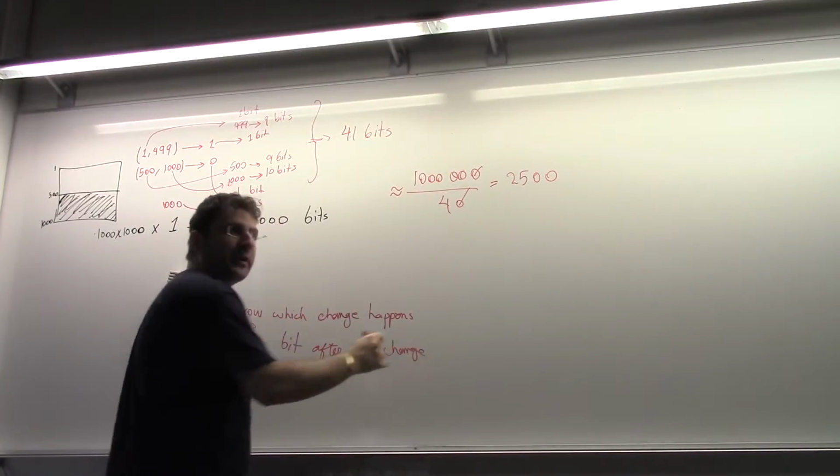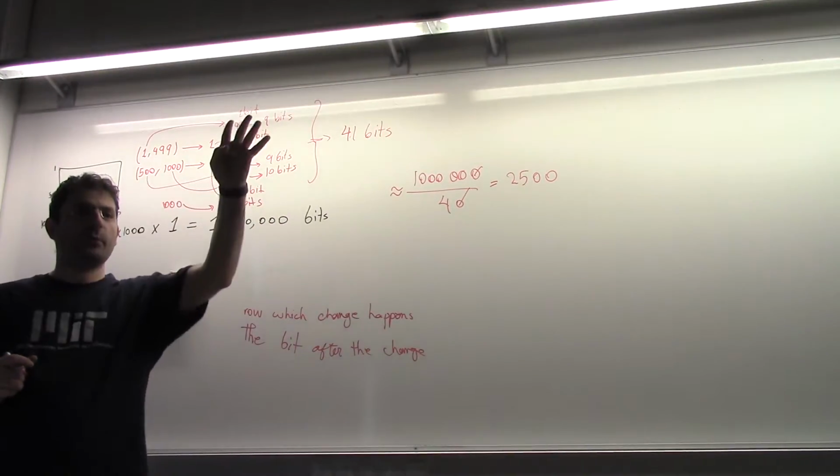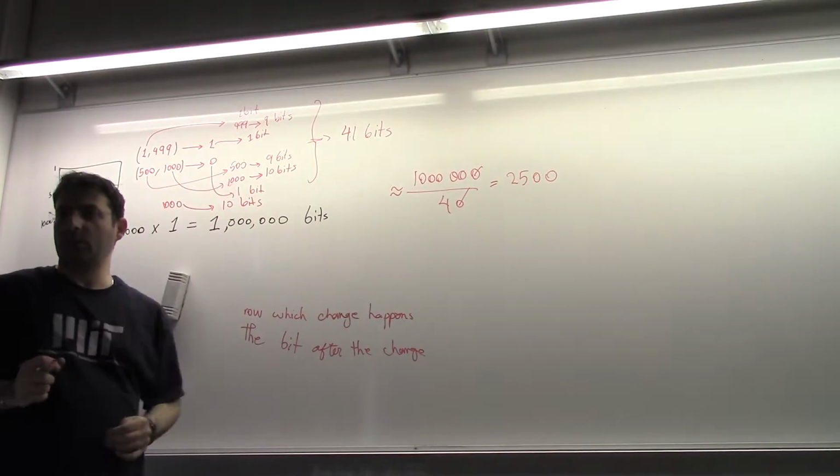In other words, by default I can tell you to put 1, the default value is bit number 1, right?